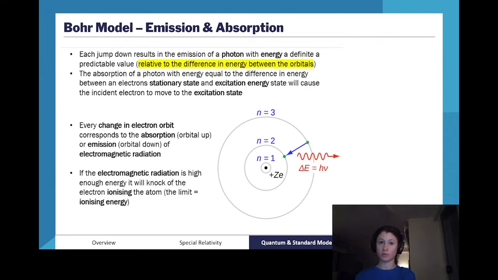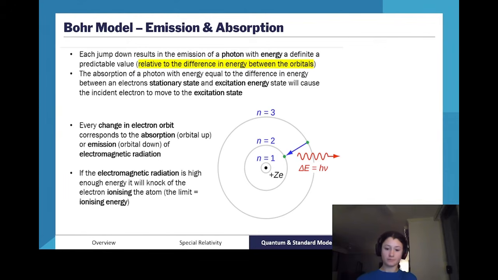So absorption is when it moves up an orbital, and emission is when it moves down an orbital. If the electromagnetic radiation is high enough energy, it will knock off the electron, ionizing the atom. So the limit is the ionizing energy, right? If we give an electron a lot of energy, it will have enough energy to jump out of the atom altogether. And this is what we saw with the photoelectric effect, right? We saw that if we gave the electrons enough energy, they would jump off the atoms altogether and create a photocurrent.